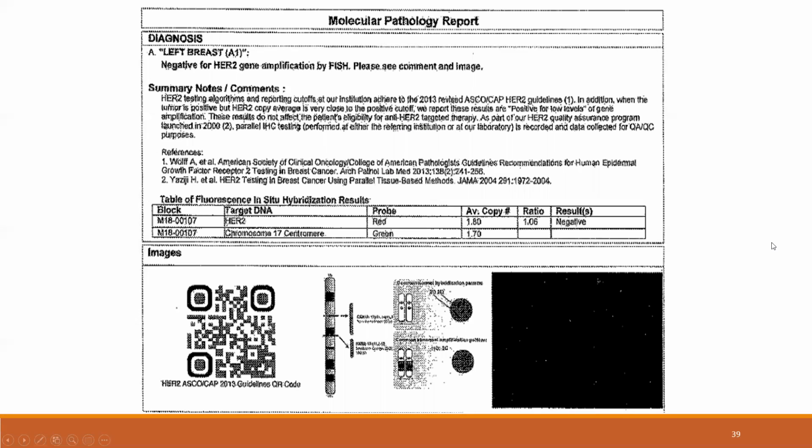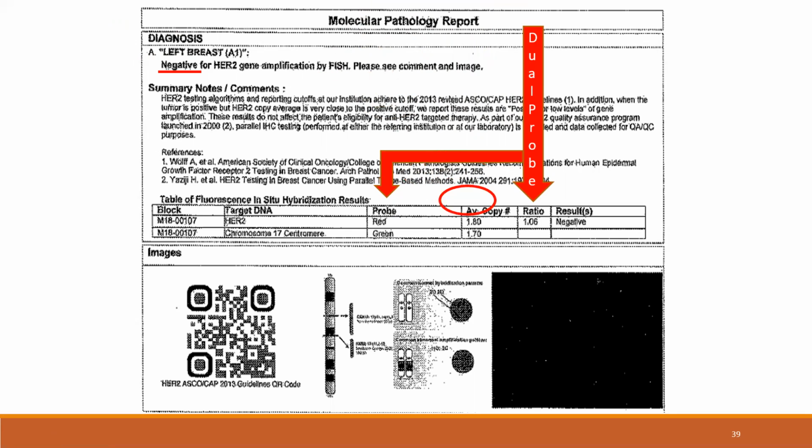Okay, so here's one more example, just looking at what we want off of this report. So the HER2 by fish is negative. We do have a ratio, so we know it's a dual probe. And the HER2 copy number is 1.80.